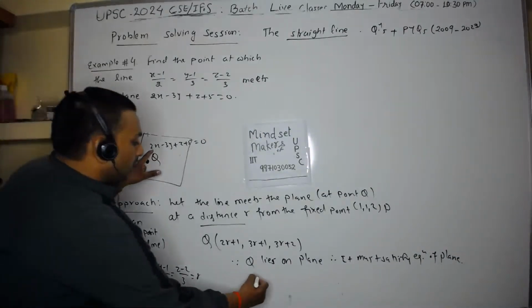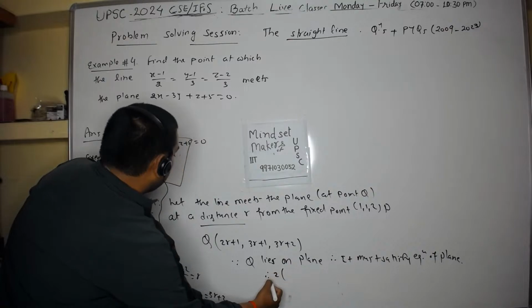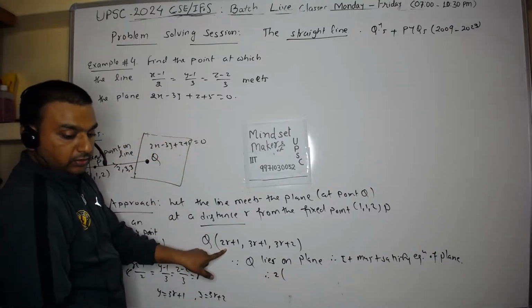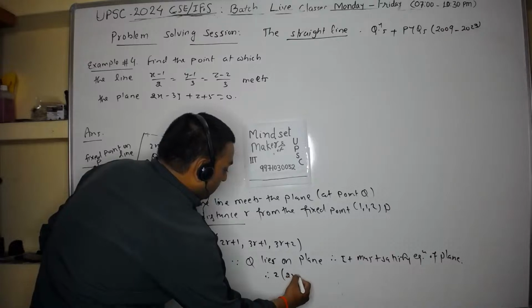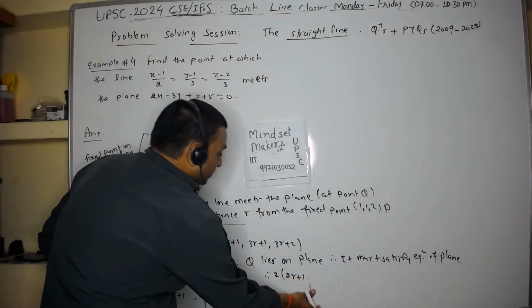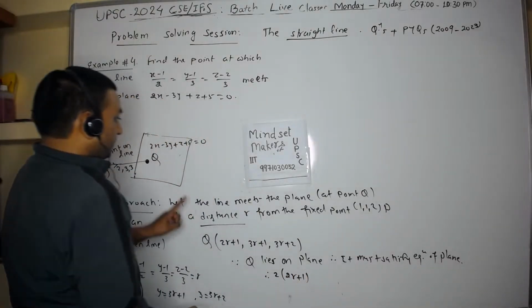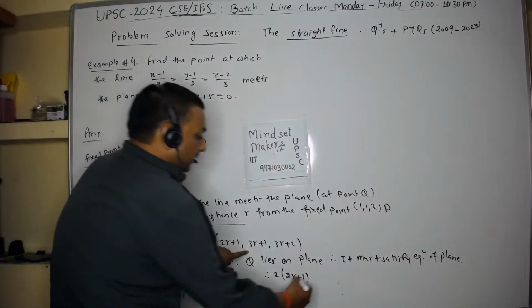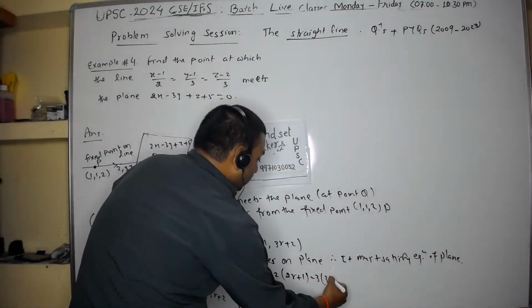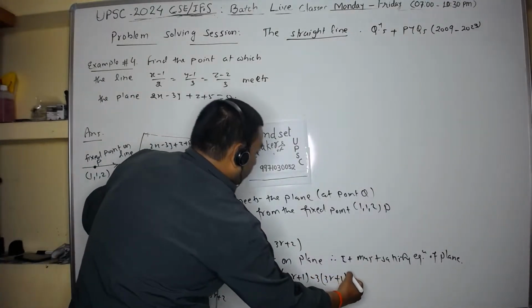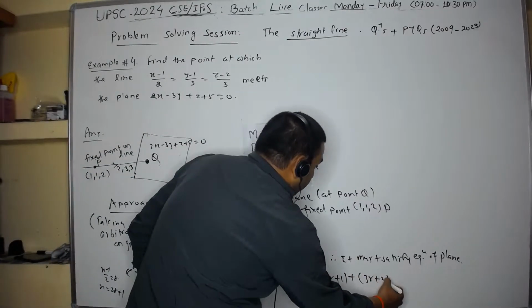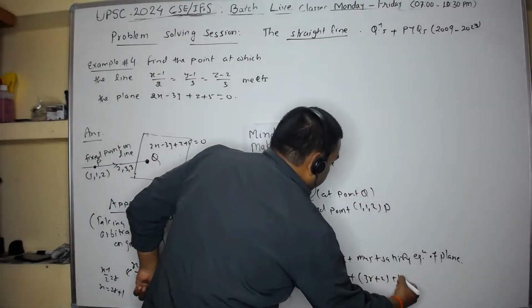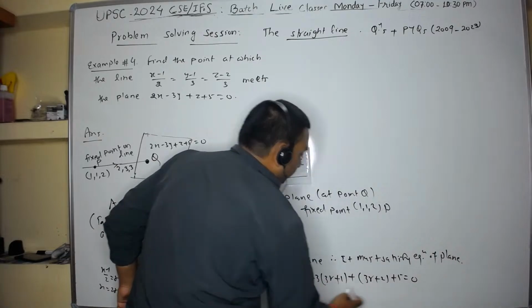So 2 into 2r plus 1, minus 3 into 3r plus 1, plus z, where the z coordinate is 3r plus 2, plus 5 equals 0.